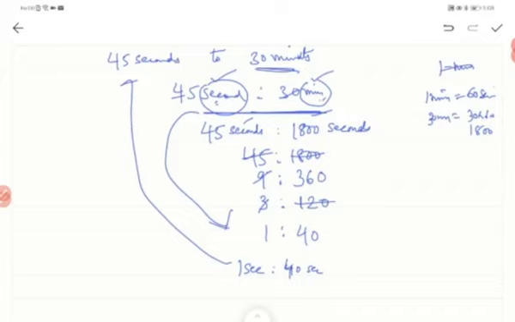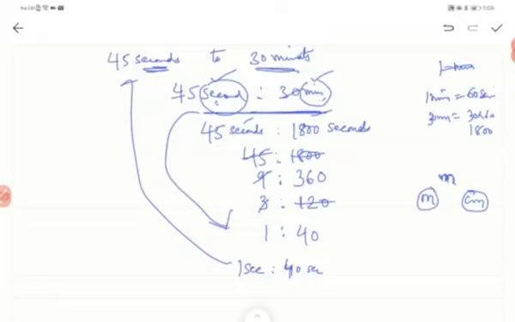Alright, so I wanted to show this, that when you have different units, everything should be the same. If both quantities are in meters, keep it in meters and do it. If one is in meters and the other is in centimeters, first convert either this into meters or this into centimeters, and then go for cancellation.